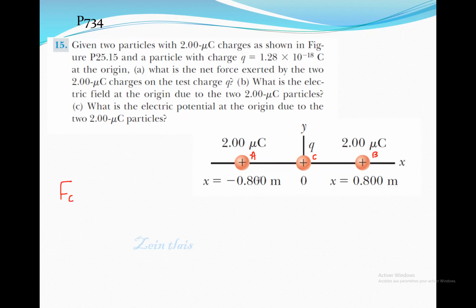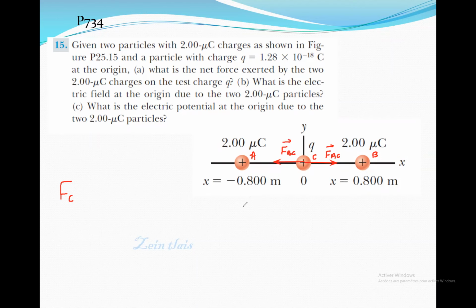For the total F: A is positive and C is positive, so FAC must be repulsive, pointing away. Here we have FAC. B is positive and C is positive, so we have a repulsive force on C by B. Here we have FBC.